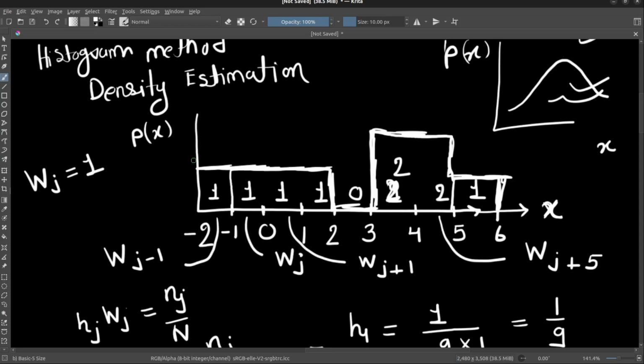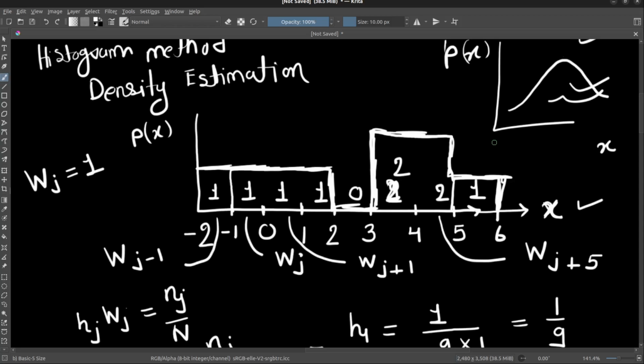If we have two-dimensional vectors, whereas right now we have x scalar, then in that case the probability density function will be a surface in a three-dimensional space. Okay, so it will be like this. So in this fashion our probability density function is there.